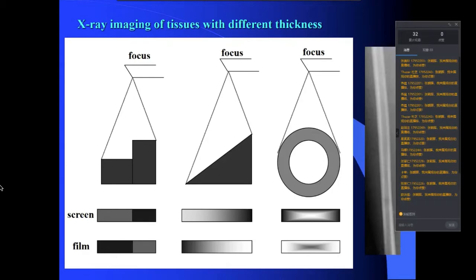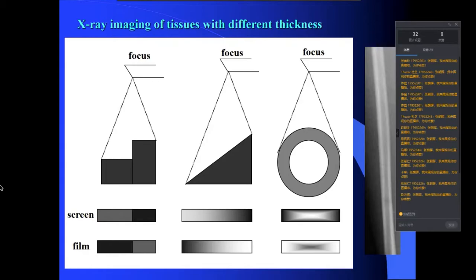Now, let's see how the thickness of the examined objects influences their appearance on the film and the fluorescent screen. The tissues within the human body have different densities, and they also have different thicknesses.